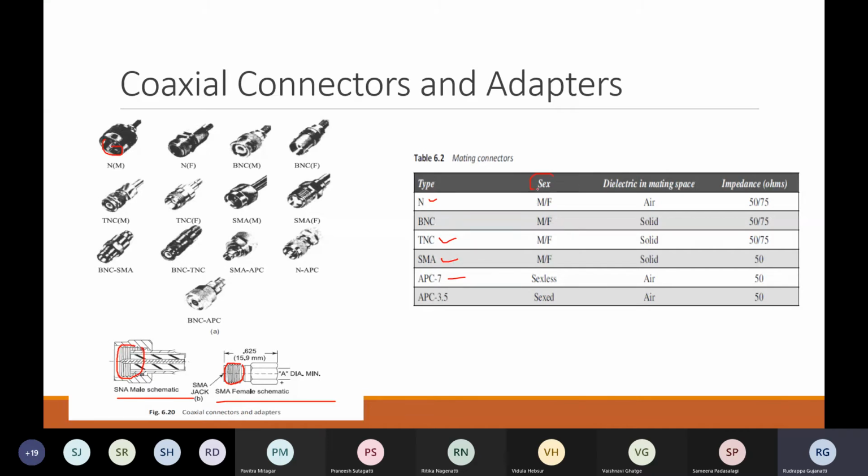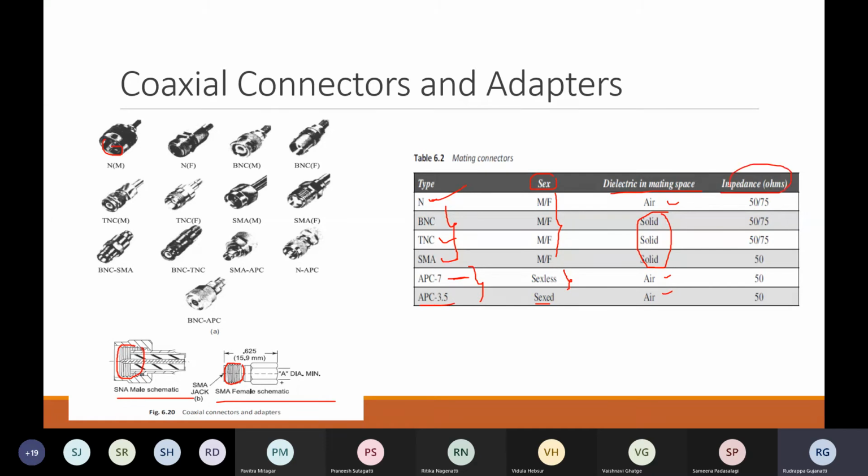These are again classified. They can be either male or female. APC cannot be classified as either male or female. Then this one can contain both. It can be used as a male or a female connector. Then what is the dielectric material they'll be utilizing for the connection? For the Navy connector, it will be air, and for these two, the dielectric material will be air, whereas for the others, a solid element will be utilized.